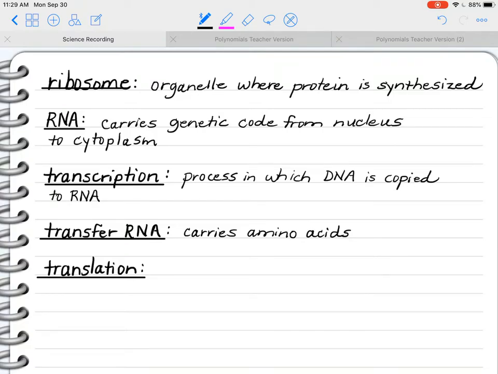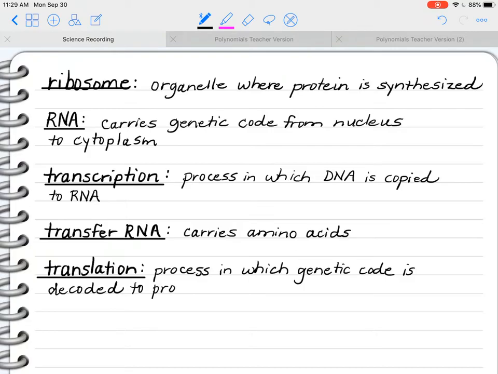And translation is an interesting one. This is the process in which genetic code is decoded or broken down. So you've got the code and you break it down to produce amino acids.